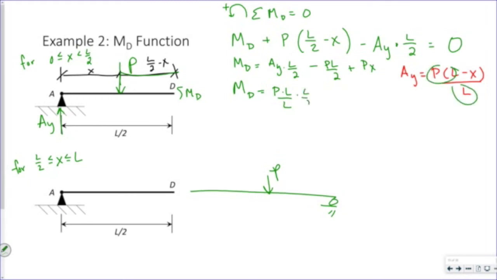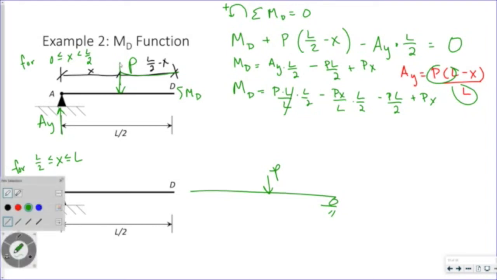Times L over 2, minus P times X over L times L over 2, minus PL over 2 plus PX, P times X. Well, that goes away. Oh, look, I have a PL over 2 minus a PL over 2.